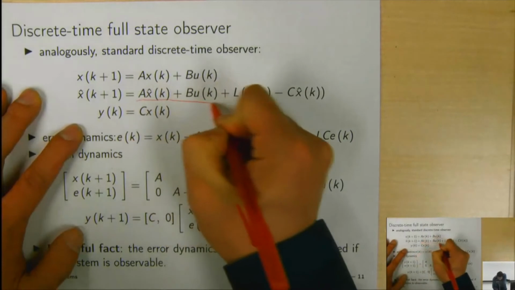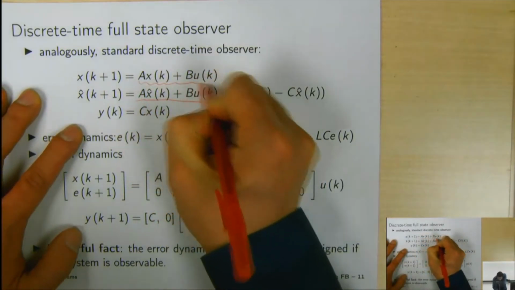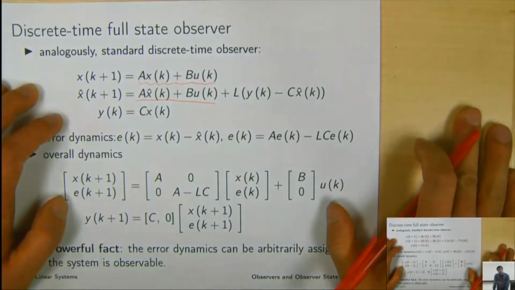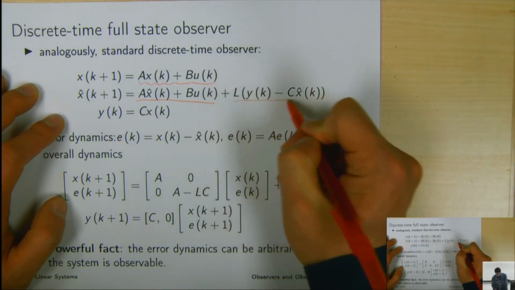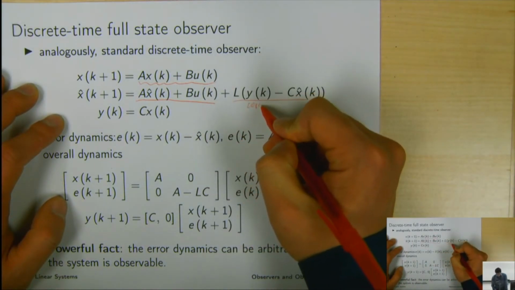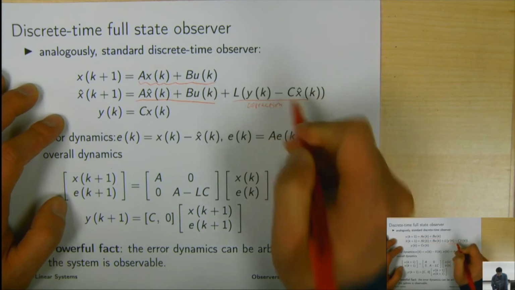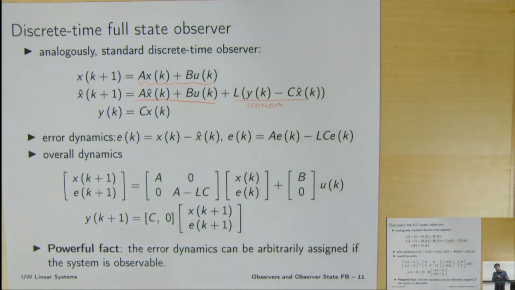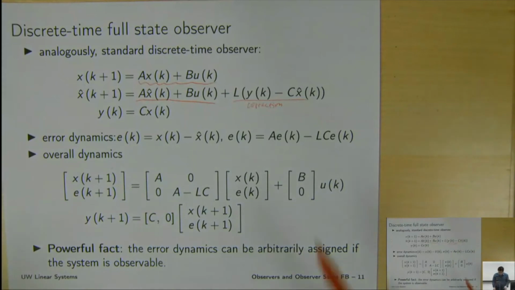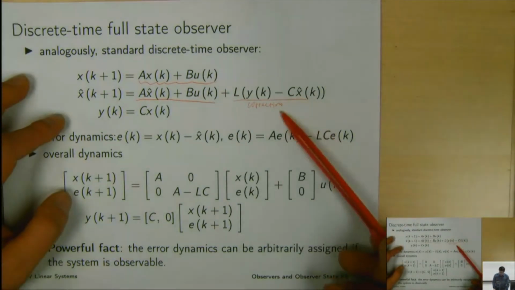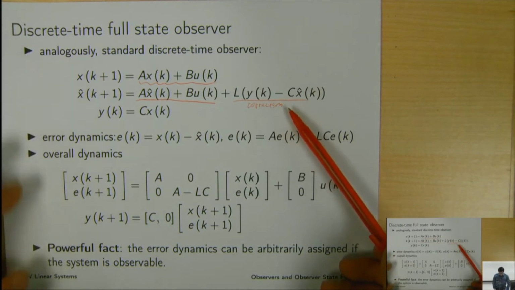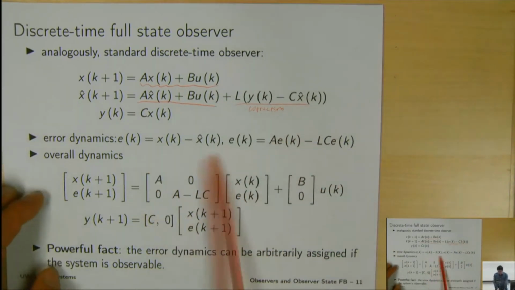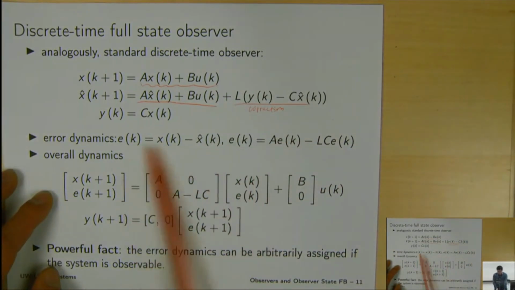The observer should have a copy of the original system dynamics, and then it has a correction term that compares the difference between the actual output and the estimated output. All right, so we're going to see again the error dynamics, how they look.